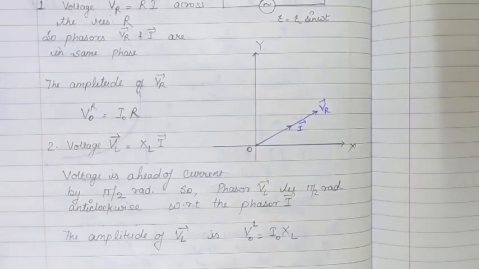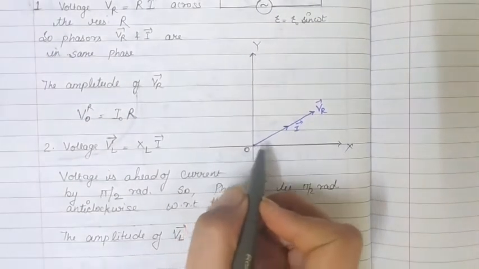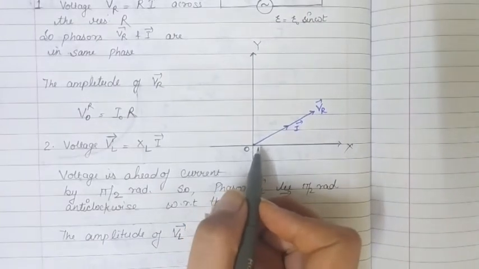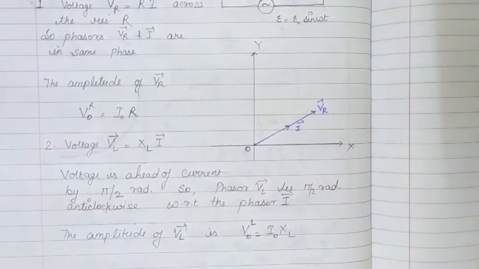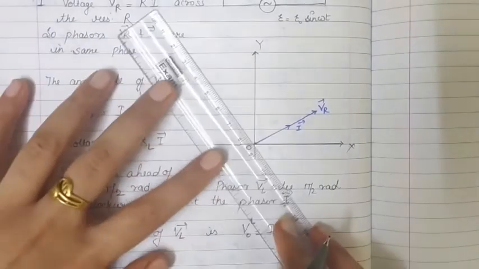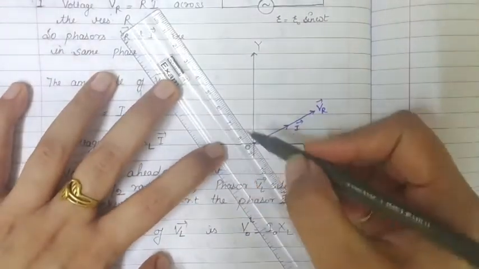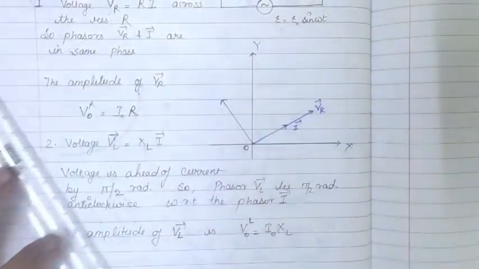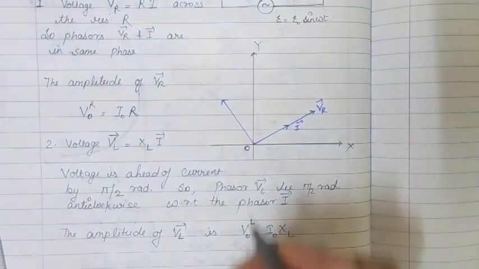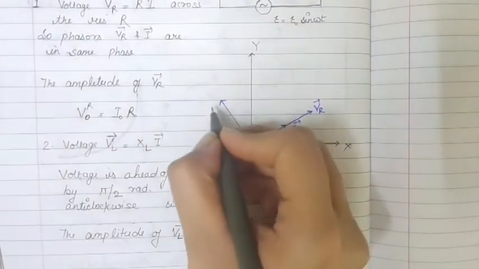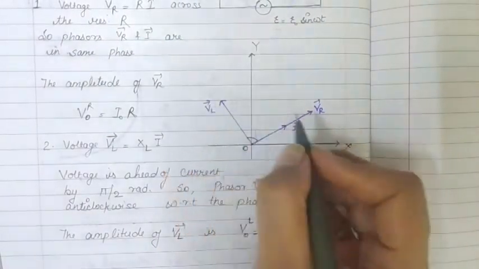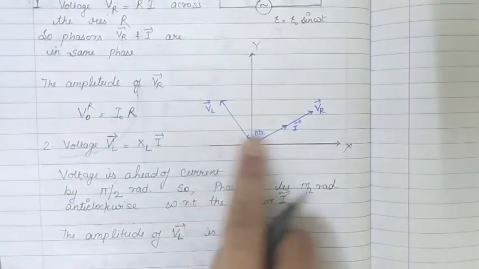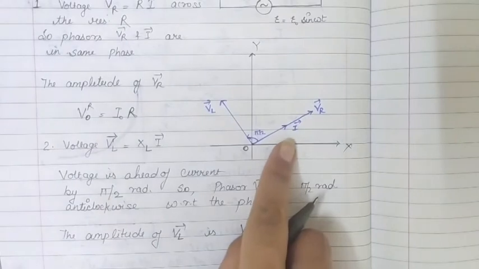That means the phasor we plot for the voltage of the inductor will be pi by 2 ahead of that of current. So voltage will be somewhere here in this direction, such that the angle between I and this VL vector, the phasor VL, is pi by 2, because it is leading the current by pi by 2.